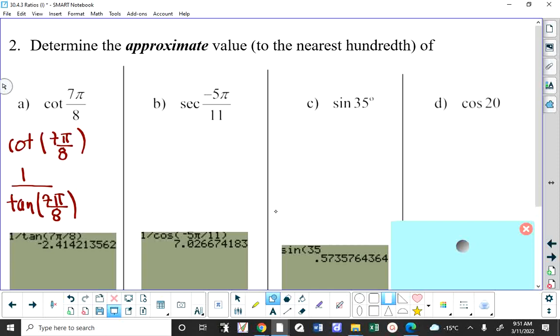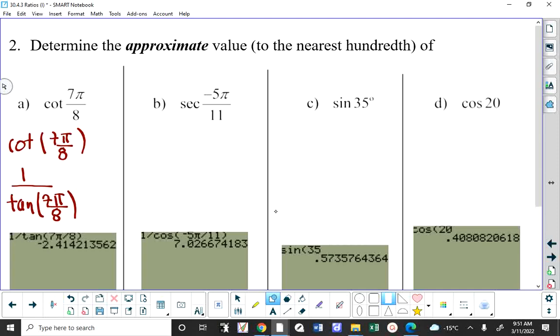And I'd be willing to bet money that more of you got D wrong than right. The correct answer is 0.408. Did anybody get approximately, I'm just going to estimate here, approximately 0.9?